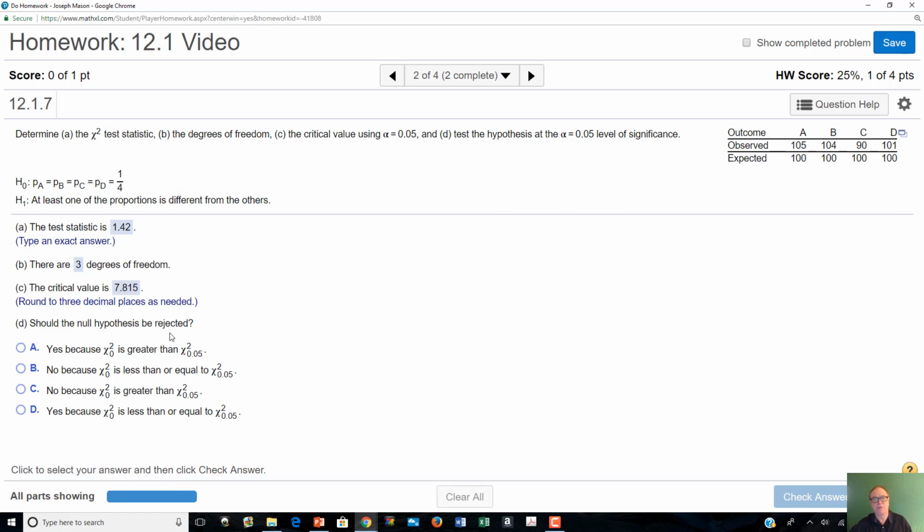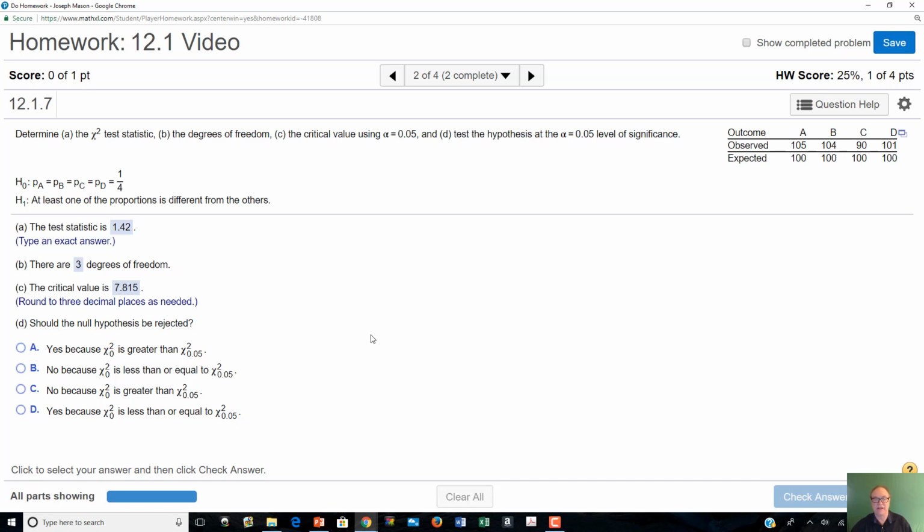Should the null hypothesis be rejected? Well, this is where you look at your test statistic and your critical value. Okay, remember, the chi-square starts at 0 and goes out. So, is the test statistic 1.42 to the right of 7.815 or to the left? Well, in this case, it's to the left.